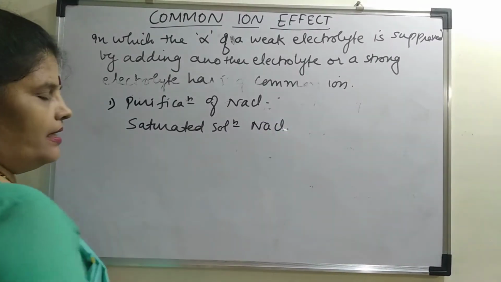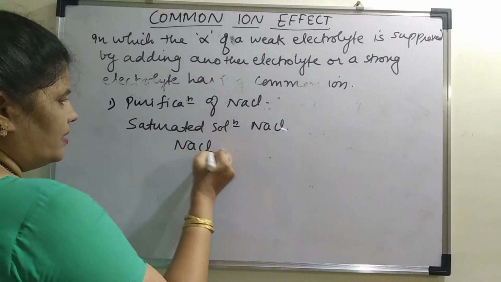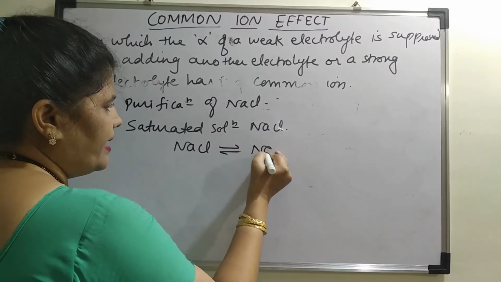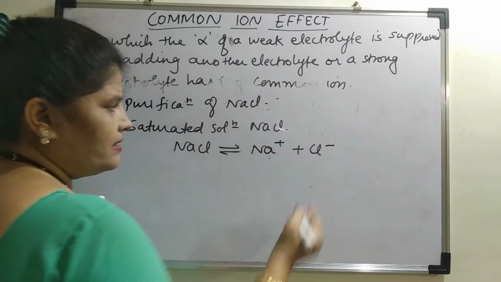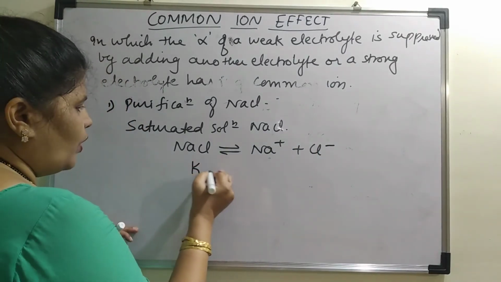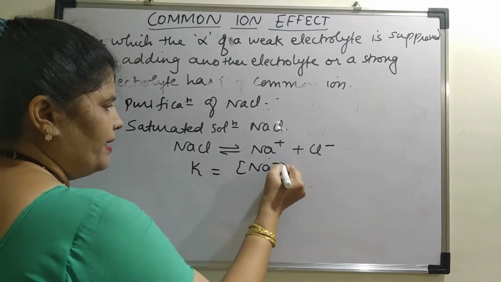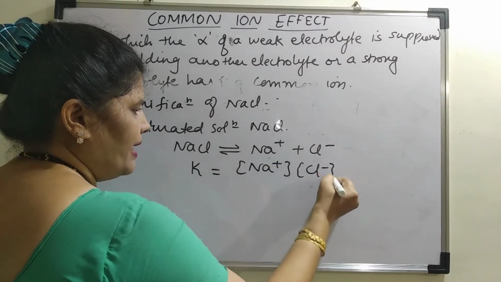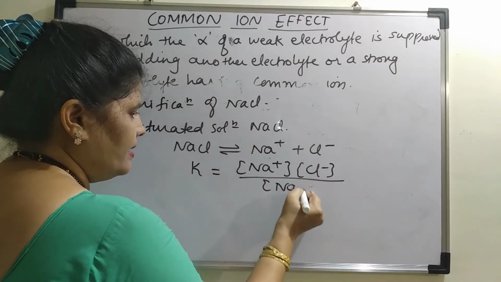How will NaCl dissociate? It will give me Na plus and Cl minus. So what I get here is Na plus Cl minus upon NaCl.